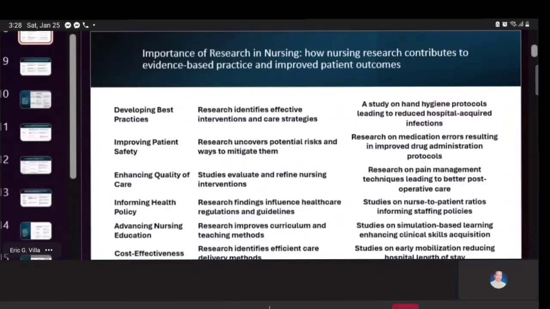By systematically investigating various aspects of nursing care, research provides a scientific foundation for clinical decision-making and practice improvement. One of the primary ways nursing research contributes to evidence-based practice is by developing best practices.